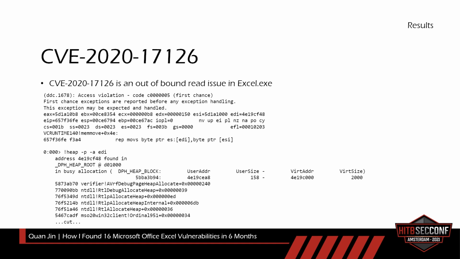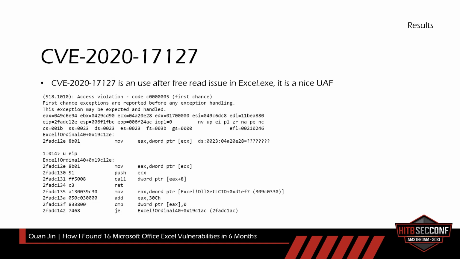Let's see the third one. CVE-2020-17127 is a use-after-free read issue in the Excel process. It is a nice UAF.